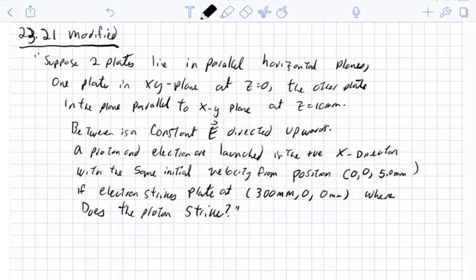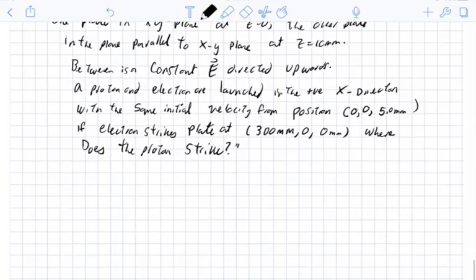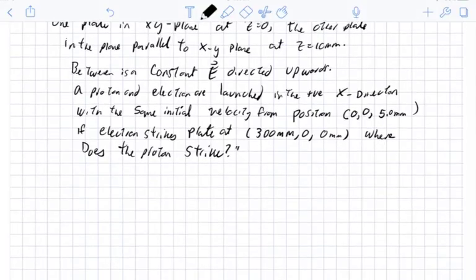So the first part of this question is like, how do you start parsing this? It might be nice if you get drawn a picture, but I'm not sure if you do. Essentially, here's a rough sketch. X, Y, Z, and you've got these 2 plates.